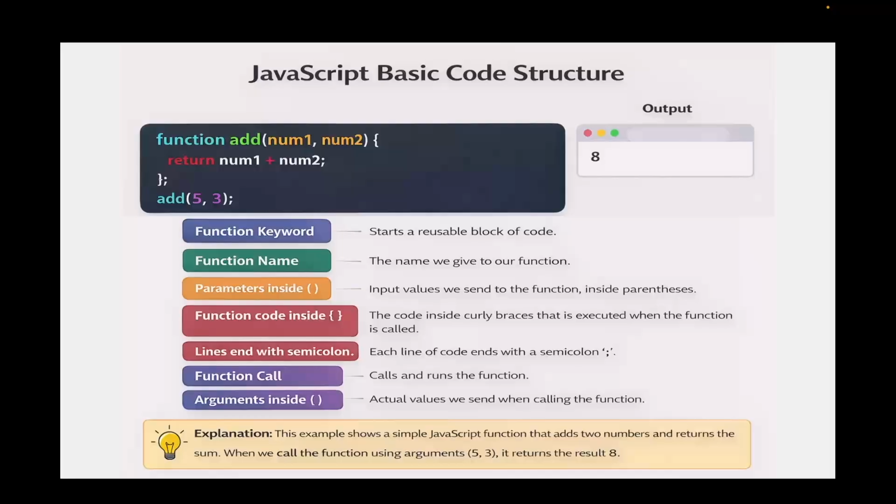And parameters, num1, num2, are the input values we send to the function inside parentheses. And the function code inside the curly braces will be executed when the function is called. And each line of code ends with a semicolon. Function call will run the function and obtain the result. The arguments inside are the actual values that will be sent when calling the function. So this is the basic code structure of JavaScript.